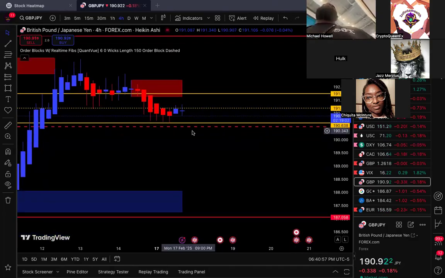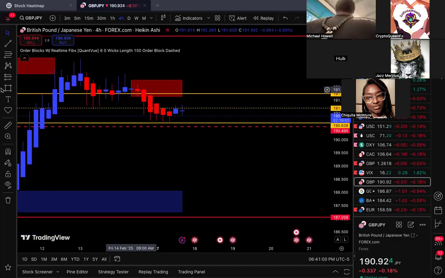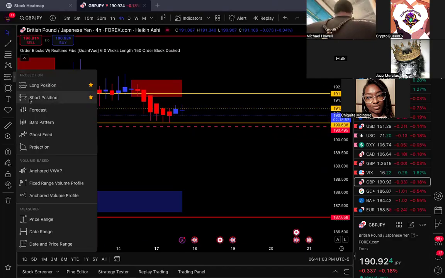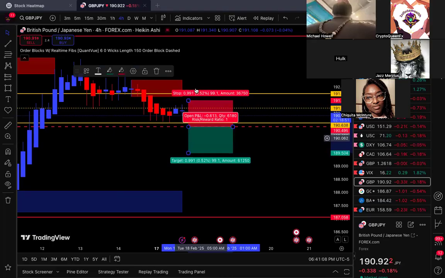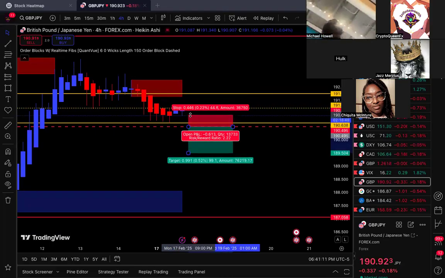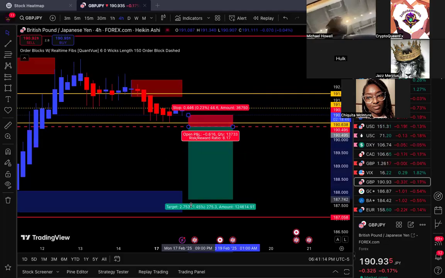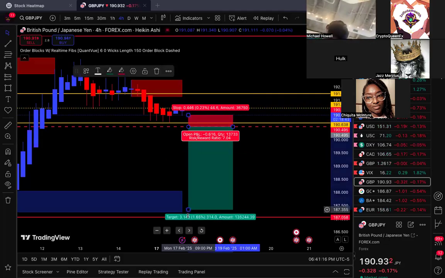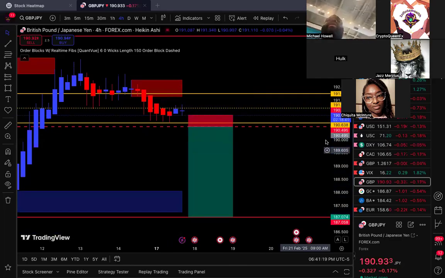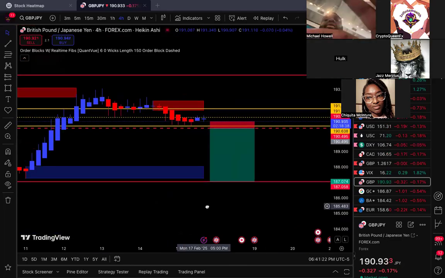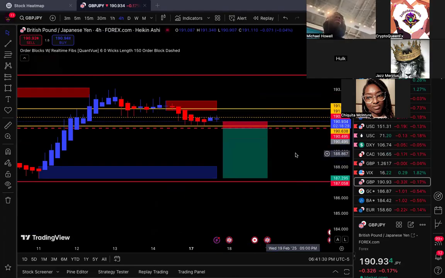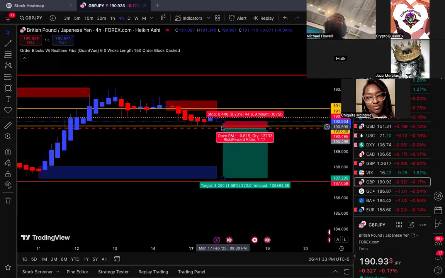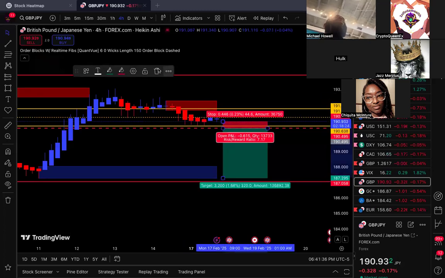If you get a candle close above here, that's a nice sell from here, into the order block. Get a break below that.